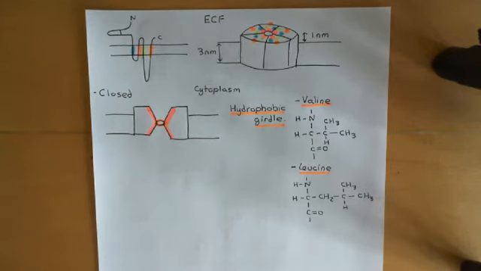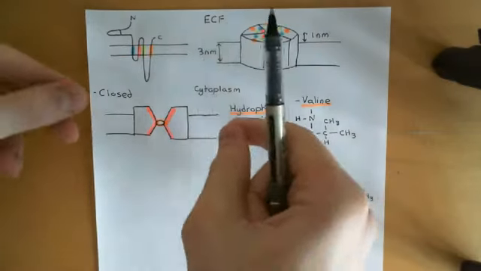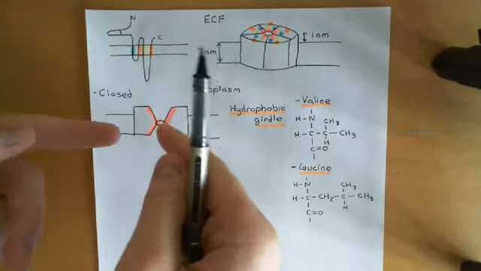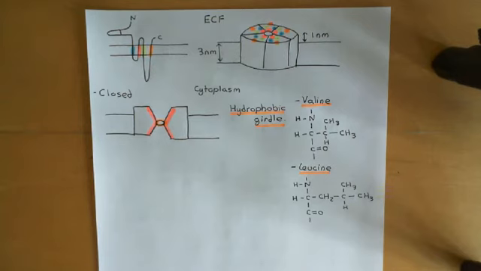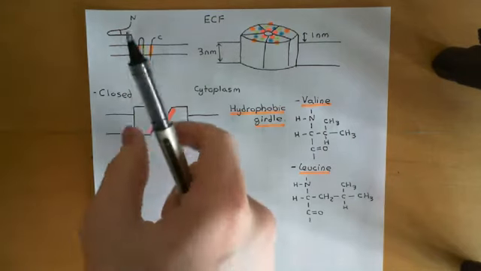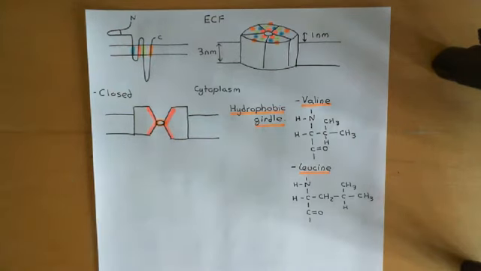So that these valine and leucine residues can interact with one another, the M2 helices end up bunching together at the middle there, as though there's some sort of string around them constricting them together, and that is what is known as the hydrophobic girdle.